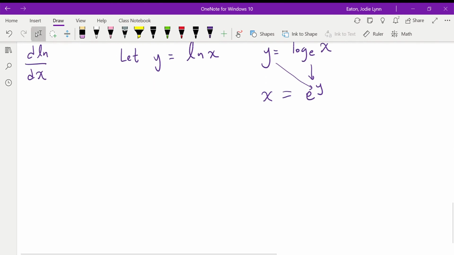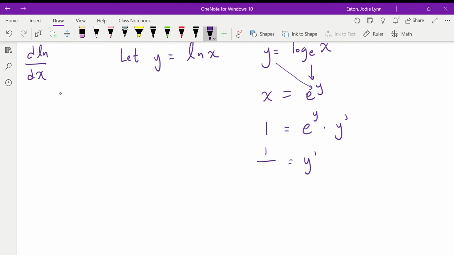I'm going to take the derivative of both sides with respect to x. On the left-hand side I get 1, and on the right-hand side I get e to the y times dy dx, or y prime. That's our inner derivative.